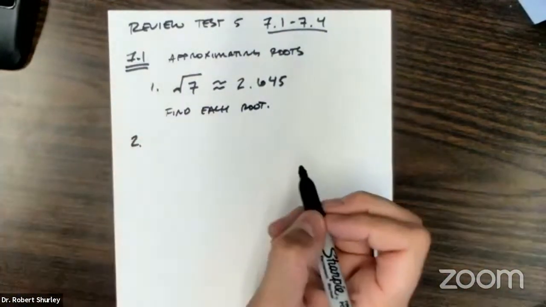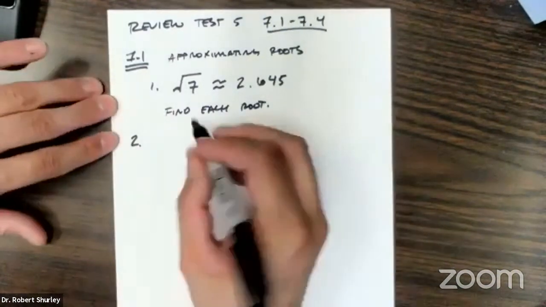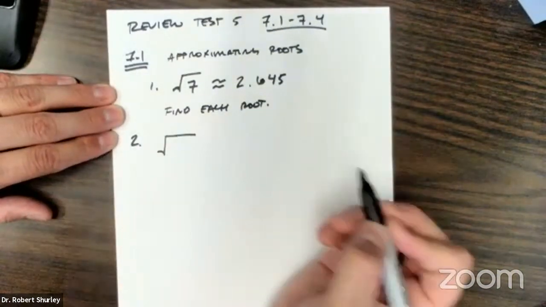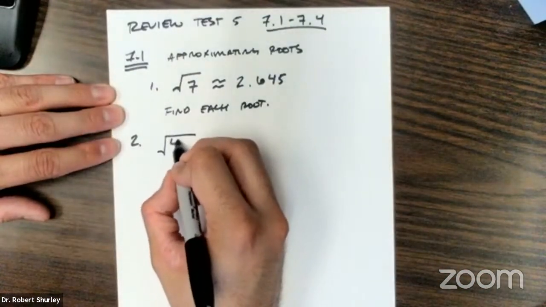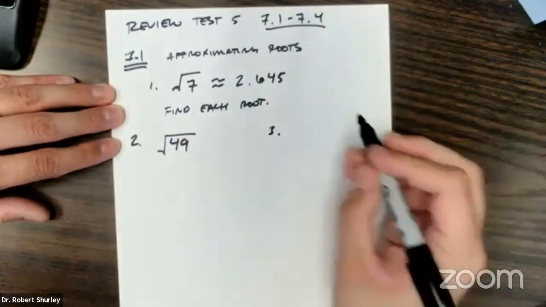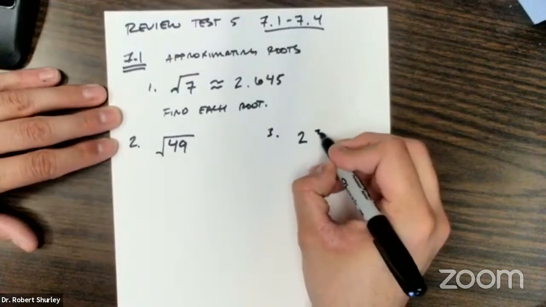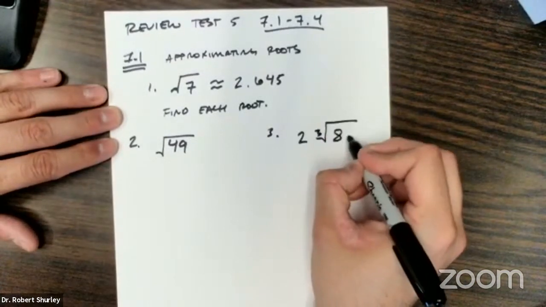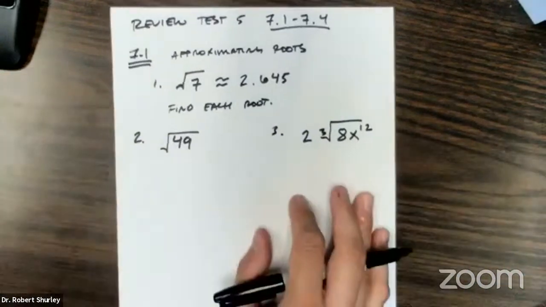So 2, we could do, let's say, the square root of 49, something like that. 3, we'll kick it up a little bit and say, what if there's a number out here? What if it's like 2 cube root of 8x to the 12th? Okay, let's look at these two.